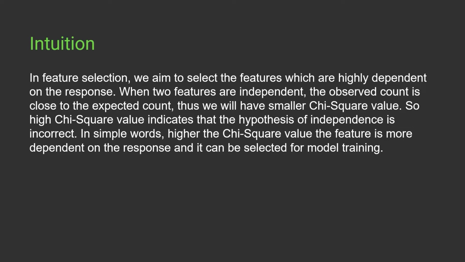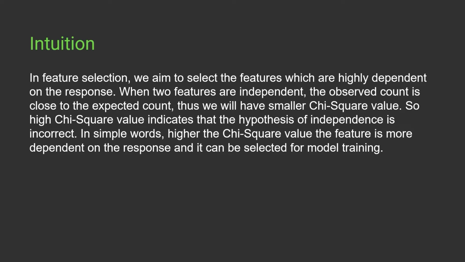The more variation a feature has with respect to the outcome, the more chance that feature will tell us about the outcome. If the feature and the outcome do not vary together much, then the observed count will be close to the expected count, and in that case we will have a small chi-square value.